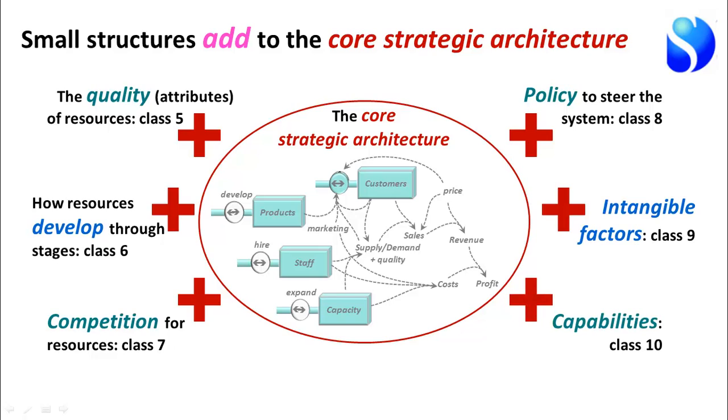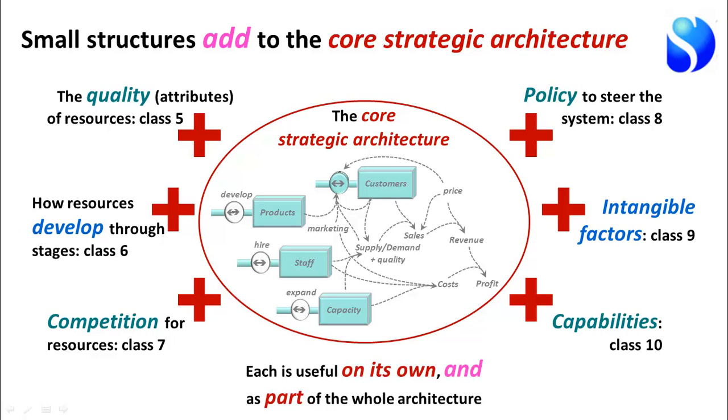But the point I just want to make is that all of those can be added to a core architecture, and you may only need to add 1 or 2 or 3 of those, depending on the business situation you're trying to understand. But each of these can be really useful on their own. And this is great news when you're trying to explain things to executives, because you don't have to take them all the way to understanding a whole business if all you want them to understand is how a customer pipeline works, for example, or how staff experience changes when you hire people and train people and lose people.